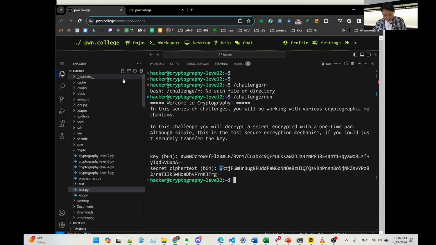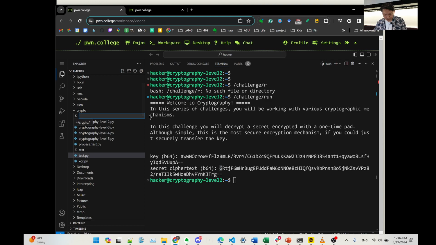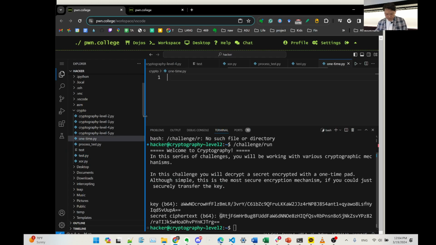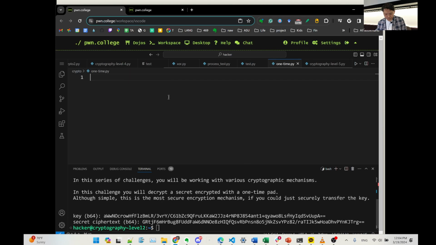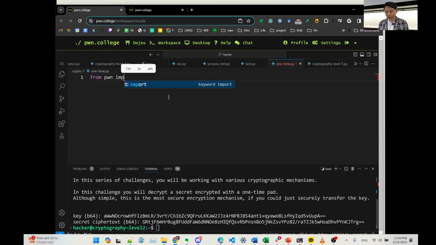Here I just make a new Python file named one time pad, and now we can put some code here. We need to import the library first to use the process function, right?